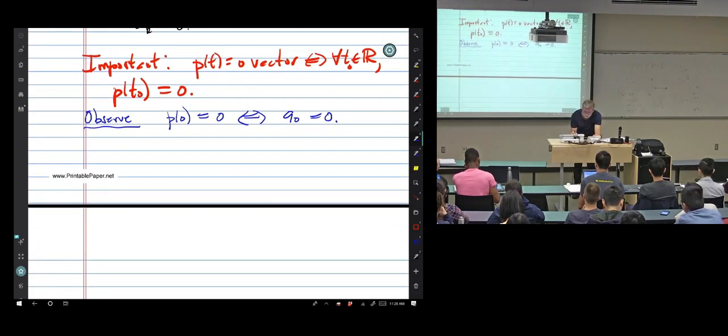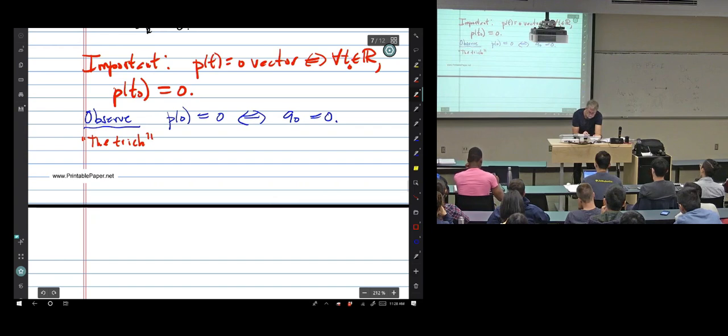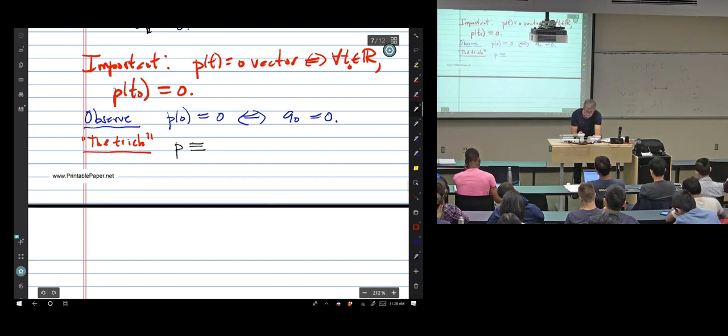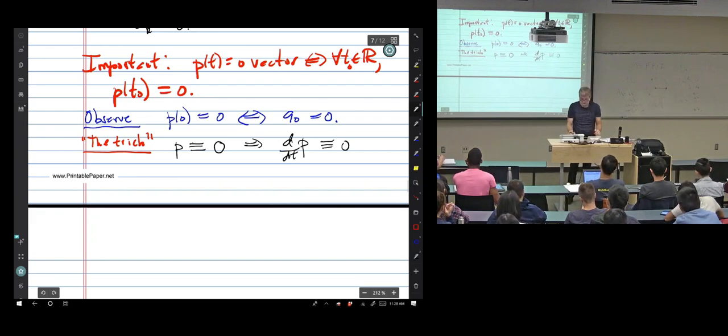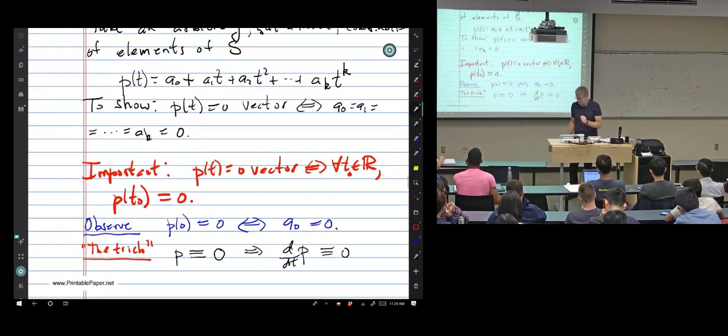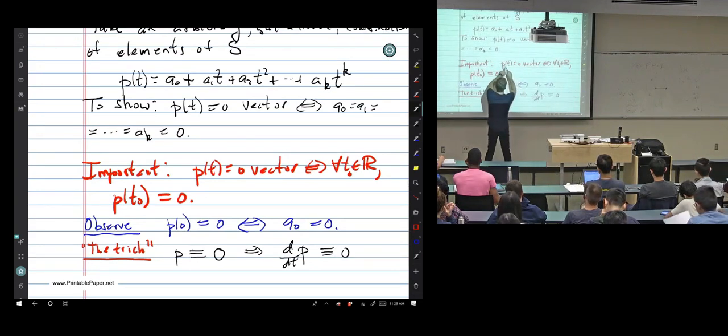Now, this one is kind of the trick here. Okay, so I'm checking if P is identically 0. That implies that its derivative has to be identically 0 as well. Okay? So remember, I set it equal to the 0 vector, so it's the 0 function.